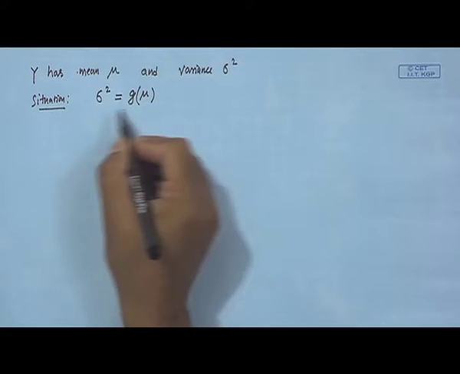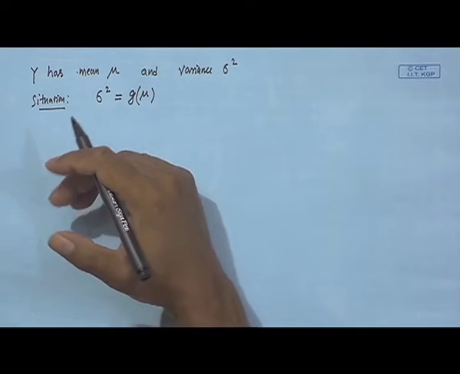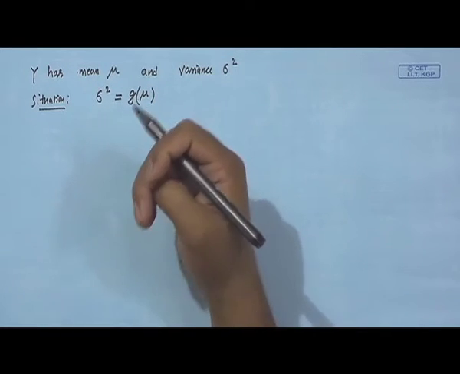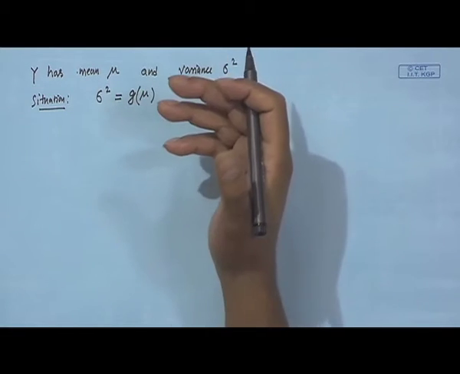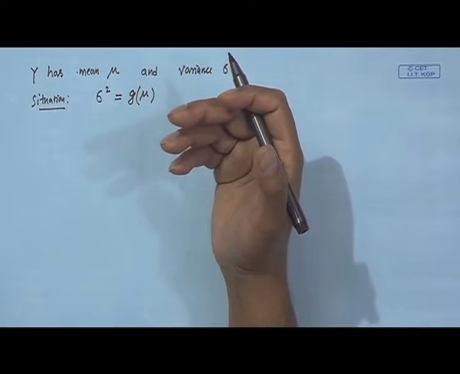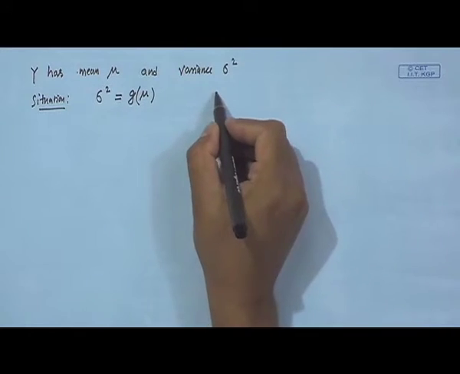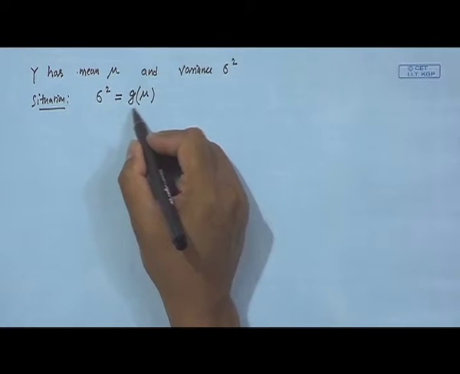So, that means variance of the response variable y is not constant, it depends on the mean. And now the question is, in case of Poisson distribution the variance was equal to mean, and in that case, this g is the identity function.